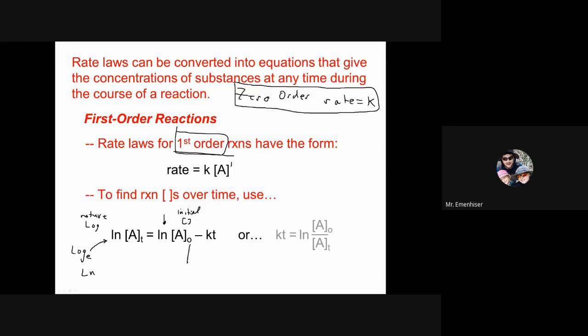So that means initial, the little o there. That's the initial concentration when you started the reaction, minus the rate constant times the time.